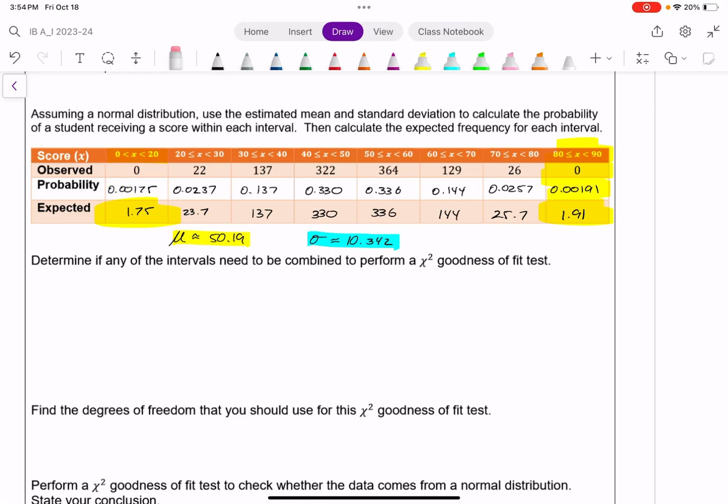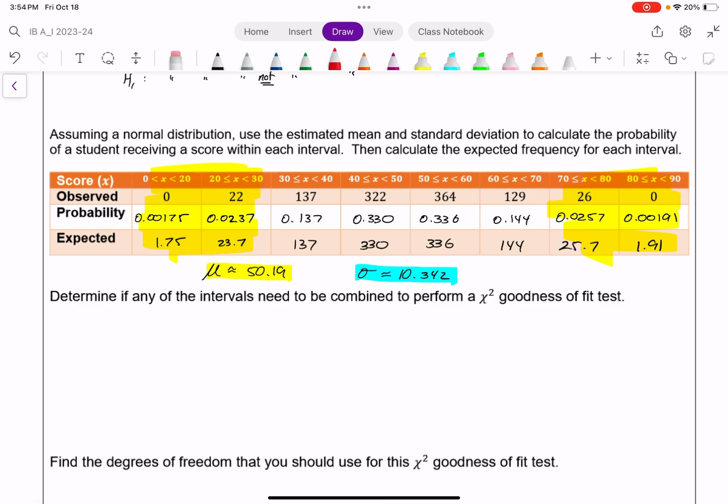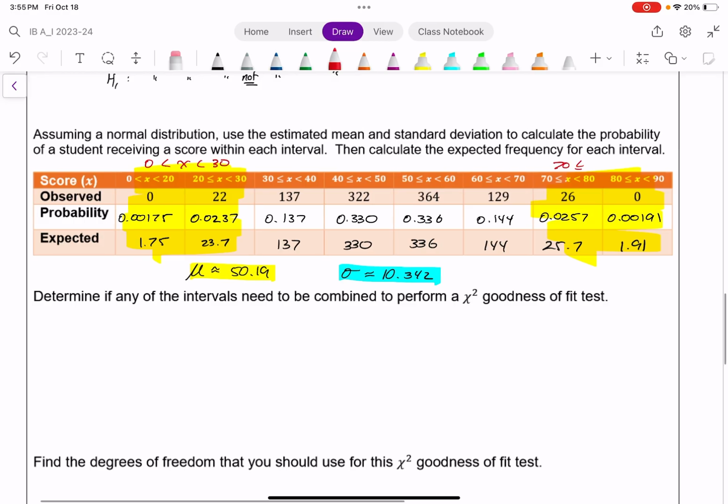And I can take care of this fairly nicely by just combining. For example, I'll just merge these two columns and I'll merge these two columns. And so instead of going from 0 to 20 and then 20 to 30, I'll go from 0 to 30. And over here, I'll go from 70 to 90, which means all I really need at this point is the observed and the expected.